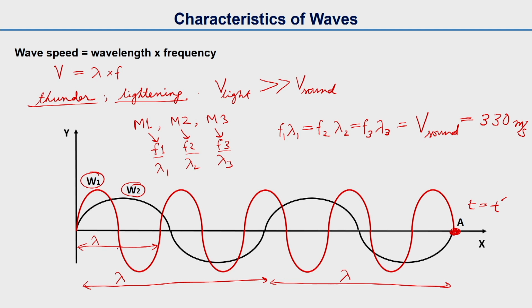Here we can see that the wavelength for W1 is lambda 1, and for W2 the wavelength is lambda 2.